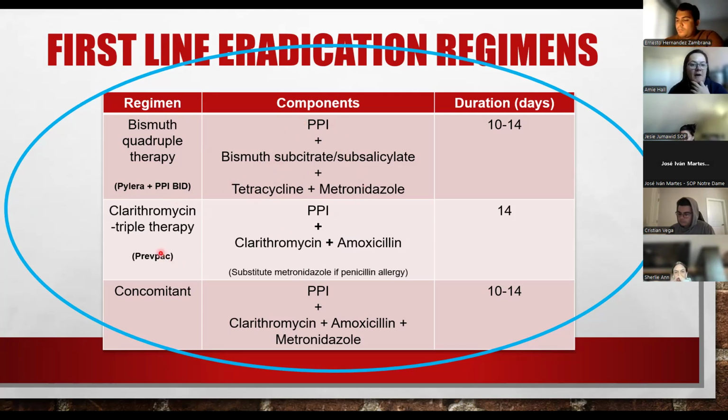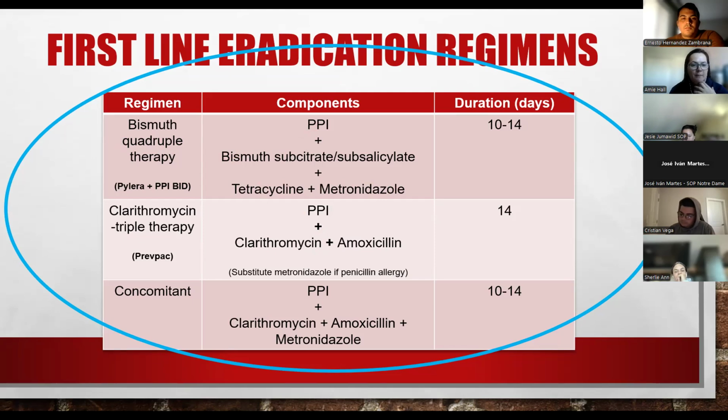We have clarithromycin triple therapy, which is our brand name of PrevPak. And you'll have PPI plus clarithromycin plus amoxicillin. If the patient has a penicillin allergy, we'll use metronidazole here instead of amoxicillin. But you see clarithromycin triple therapy has 3 agents, 1, 2, 3. You see bismuth quadruple has 4 agents, 1, 2, 3, 4.